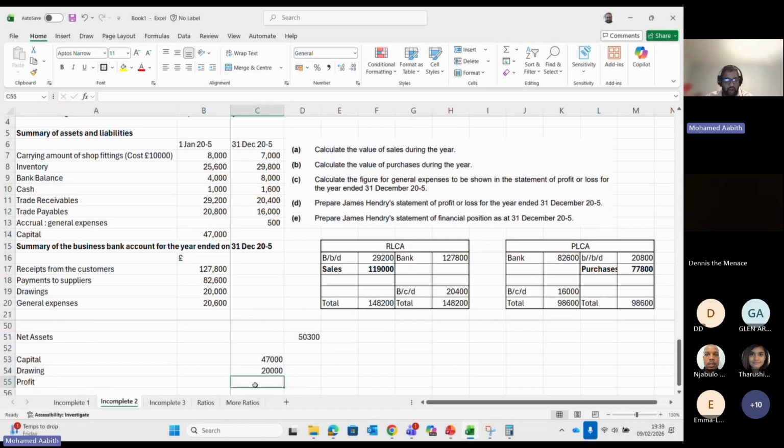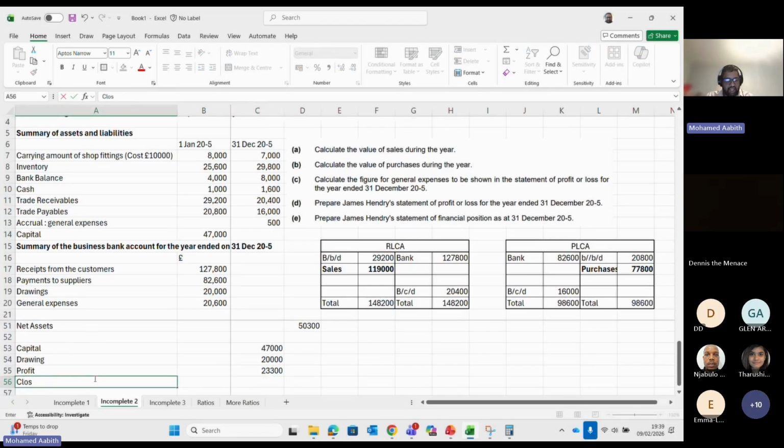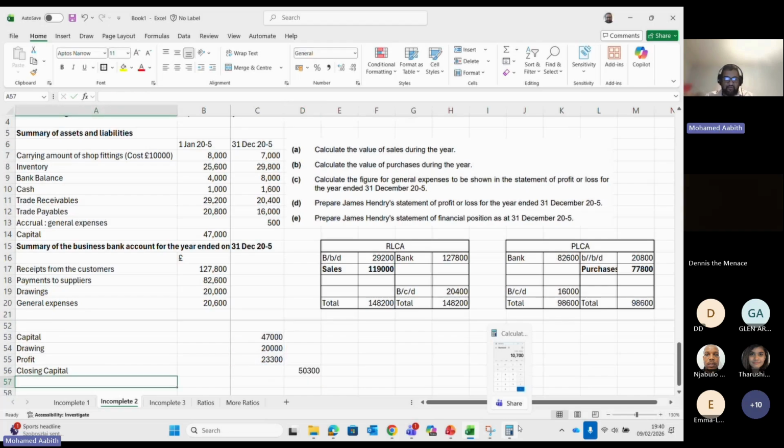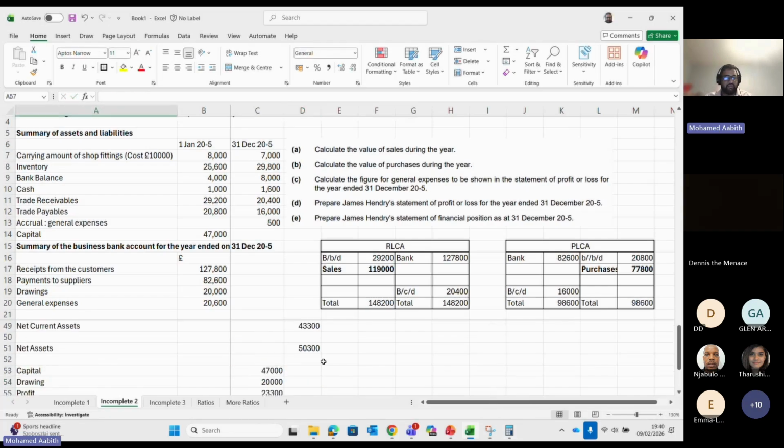So my closing capital will be equal to that plus that minus that figure: £50,300. Can you see here?